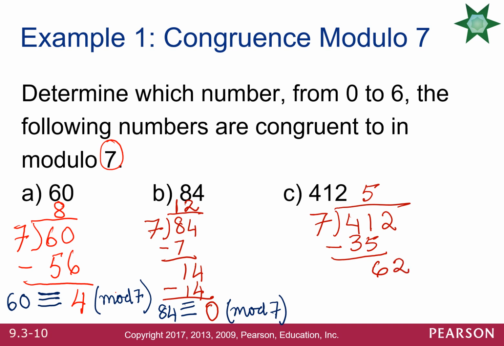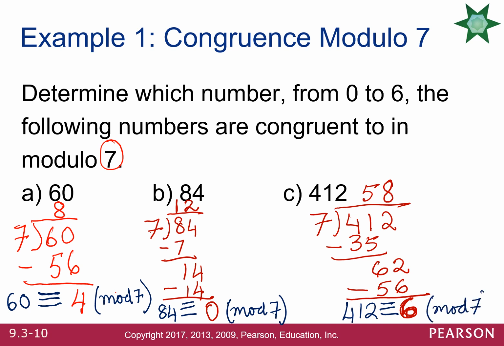So it's going to be 8. 8 times 7 is 56. Subtract. And 6 is the remainder, right? So 6 is the answer, but the way we are going to write it in proper notation for congruency is 412, then three horizontal lines, and then 6 mod 7.